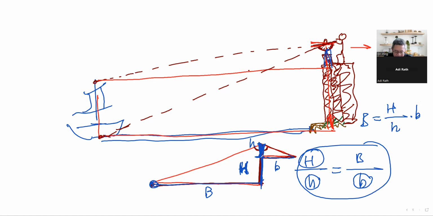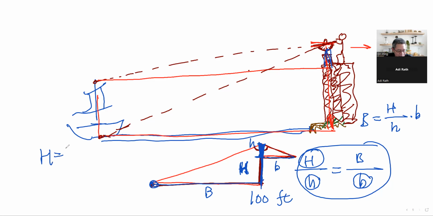So if I say, okay, I know the whole tower is, let's make it a little bit higher, let's say this tower is 100 feet. And this one here, the table, may be just 4 feet.